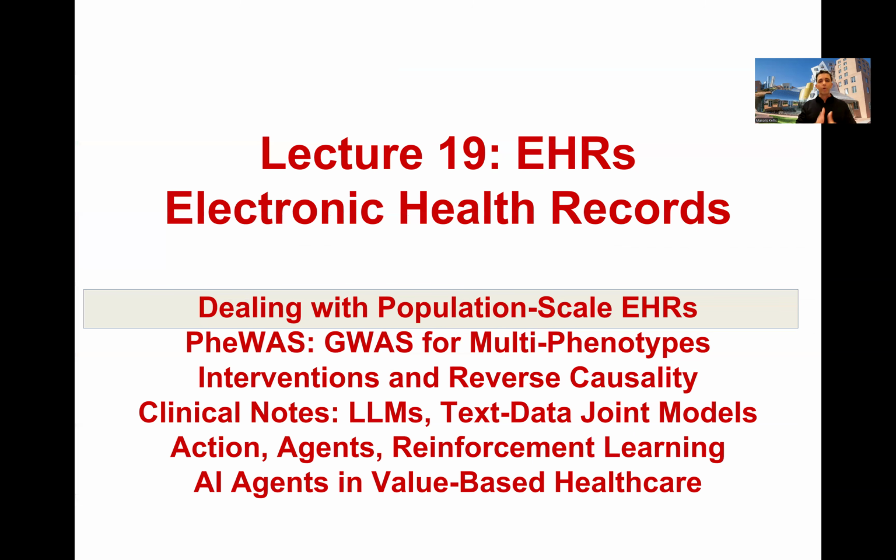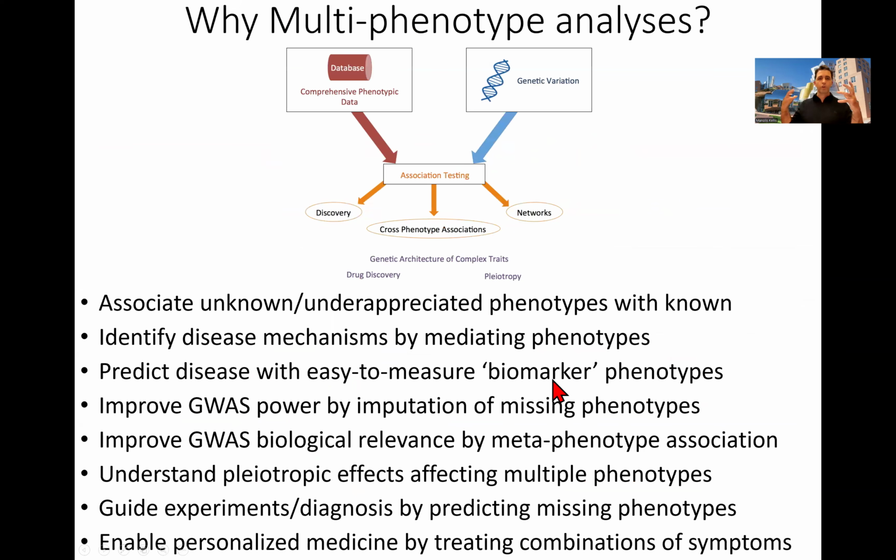All right, so how do we deal with population-scale electronic health records? And how do we integrate all that? So basically, why do we need to deal with multiple phenotypes? The idea is that when you have comprehensive phenotypic data, along with genetic variation, instead of just doing each association in isolation, you start now learning about cross-phenotype associations. You're able to discover new insights.